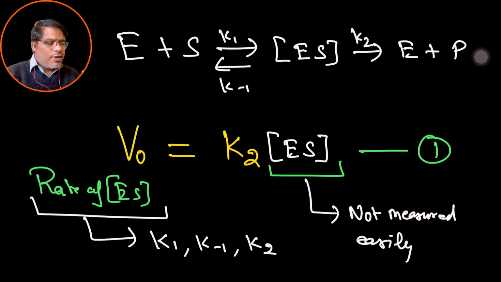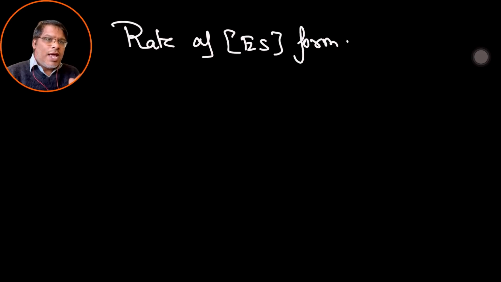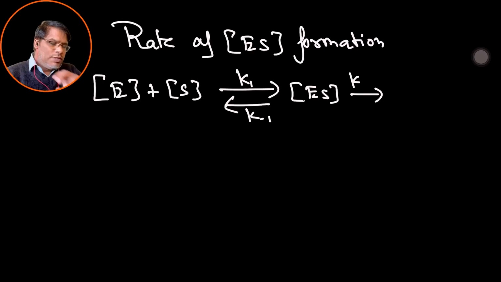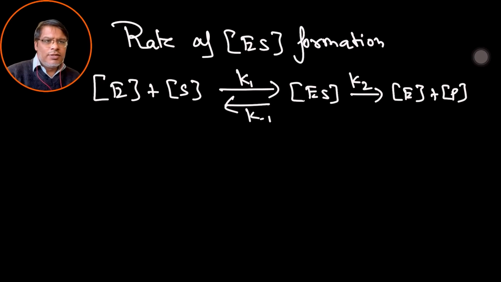The rate of enzyme substrate complex formation will depend on K1, K minus 1 and K2. Now, let's write our equation again.